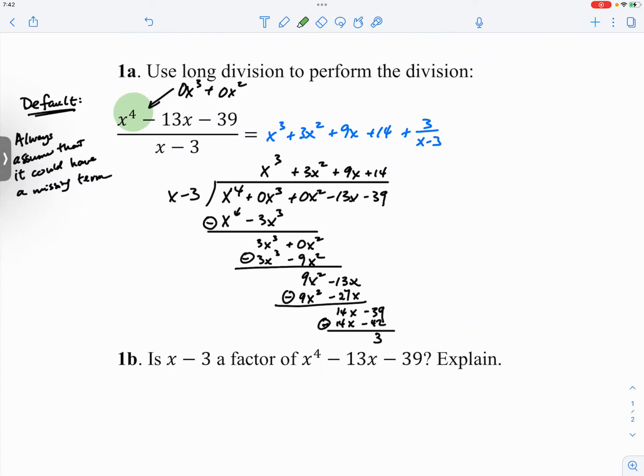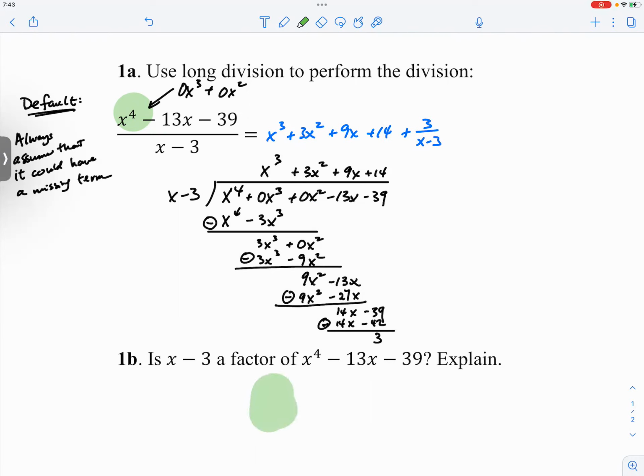Now, then you look at the next question. Right down below, it says, is x minus 3 a factor of x to the 4th minus 13x minus 39? And we will be nodding or shaking our head. We'll be saying, no. Why not?